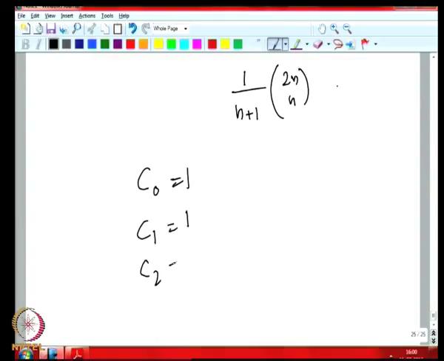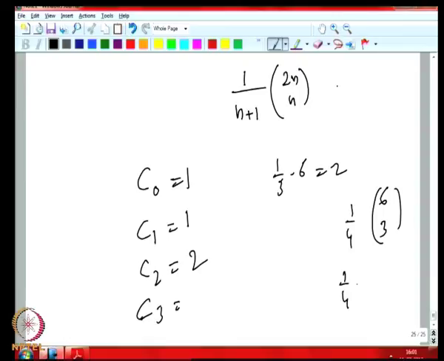C 2 is 4 choose 2, that is 6, by 1 into 3, right, 2 plus 1 is 3, that is 1 by 3 into 6, which is 2. And C 3 is 6 choose 3 and we have here 1 by 4, this is 1 by 4 into 6 into 5 into 4 divided by 3 factorial, this and this go, and this is just 5.